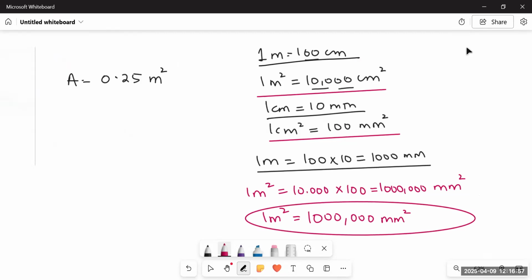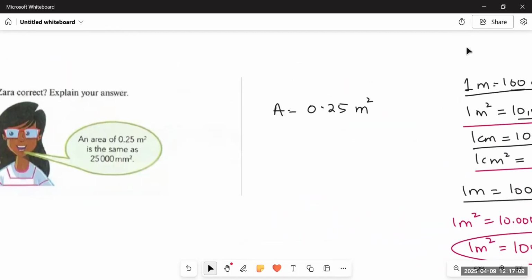These three conversions, and then their square conversions, that is 1 meter square is equal to 10,000 centimeter square, and 1 meter square is equal to 1 million millimeter square. After that, we will simply convert 0.25 into millimeter square by multiplying it by 1 million.